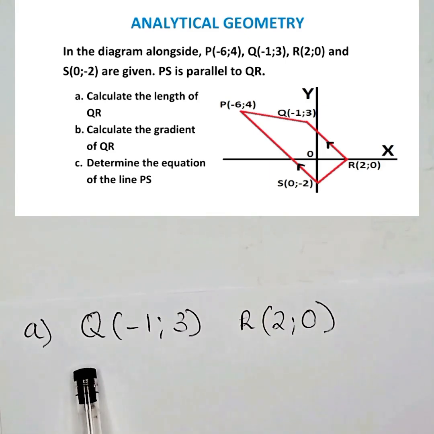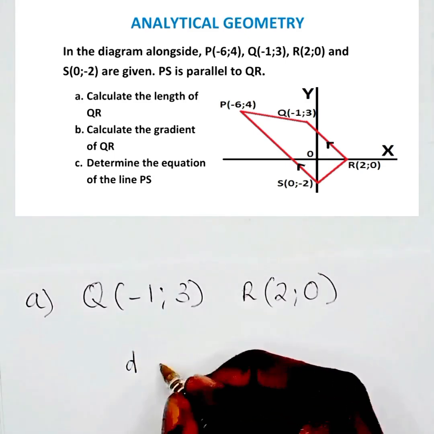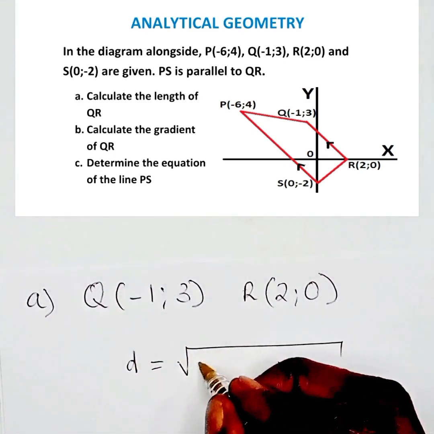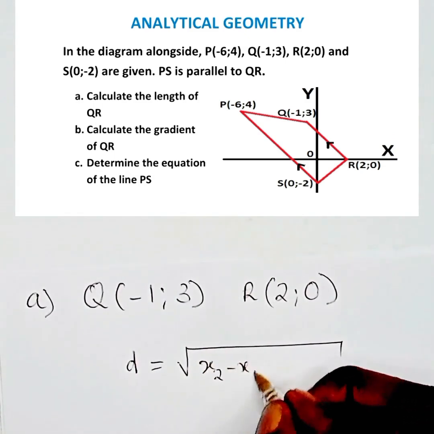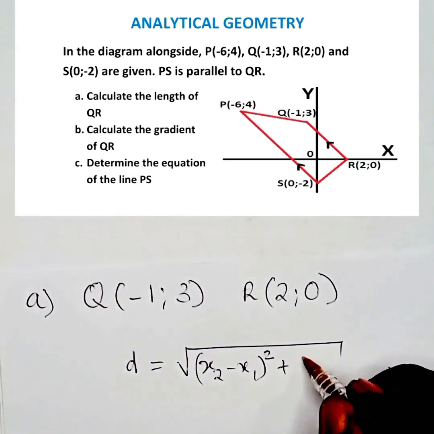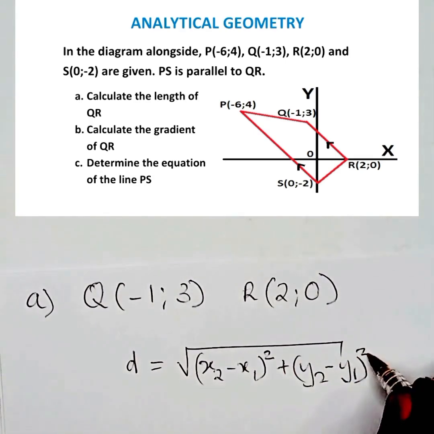Now we are going to use the distance formula to calculate that length. The distance formula is given by D is equal to the root of (x2 minus x1) squared plus (y2 minus y1) squared.